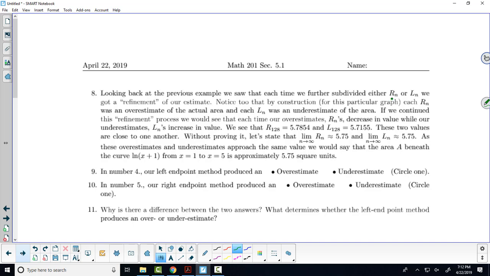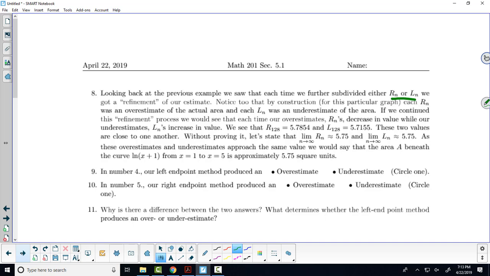That we just further subdivide either the Rn or the Ln. That gives us more values in the partition, and so we get a refinement. I think it should be clear now, since I'm picking the same values, that each refinement is a better approximation of the area.